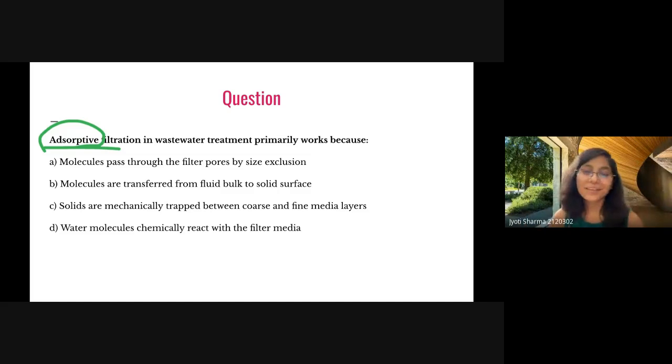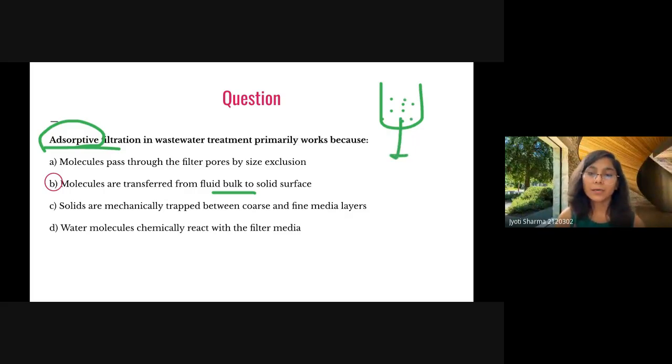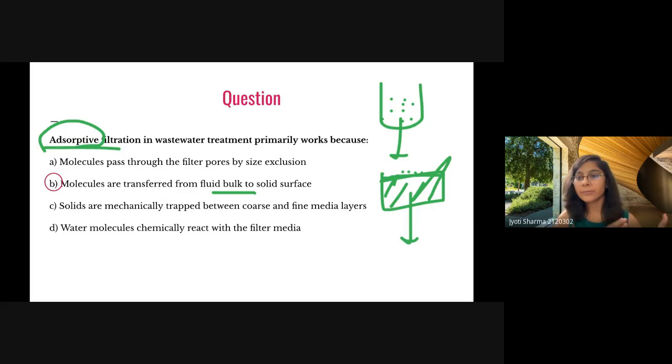Okay, so you both gave me the right answer. So this is molecules are transferred from fluid bulk. We have wastewater, and that wastewater has molecules that we need to remove. For example, if we have charcoal, and the wastewater is spread over this activated charcoal, then the molecules will transfer to the activated charcoal, and the clean water will be gone.